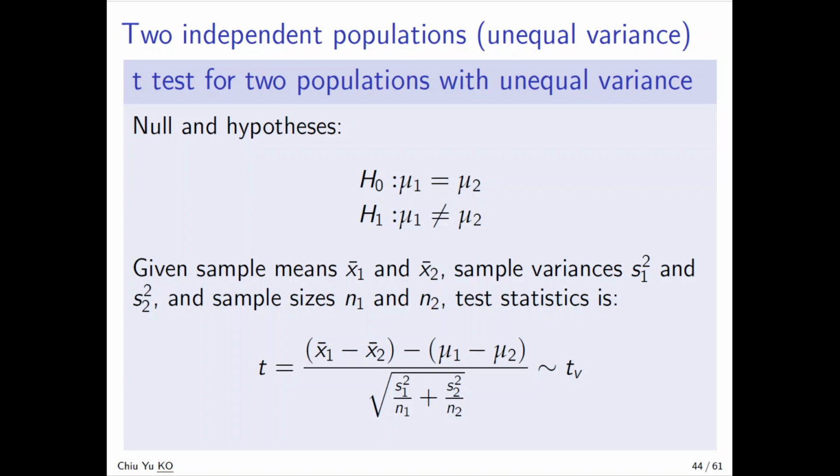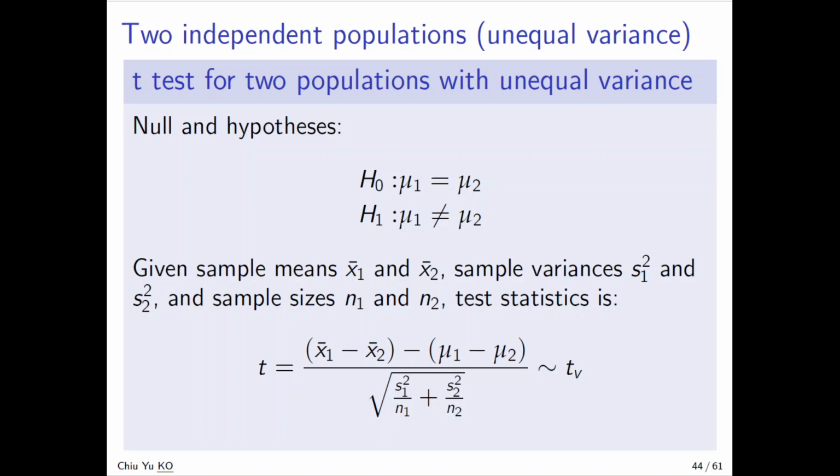The test statistic is x1 minus x2 minus (mu1 minus mu2), which is 0 under the null. And the standard deviation of this statistic, the t statistic, is the square root of s1 square over n1 plus s2 square over n2, and it will be t of v.